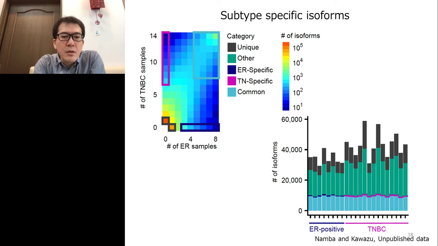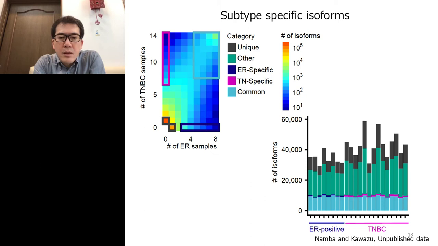Isoforms that were detected only in one subtype were defined as specific, as shown in red and blue in the graphs. Isoforms that were detected only in one sample are defined as unique, as shown in dark gray in the graphs.